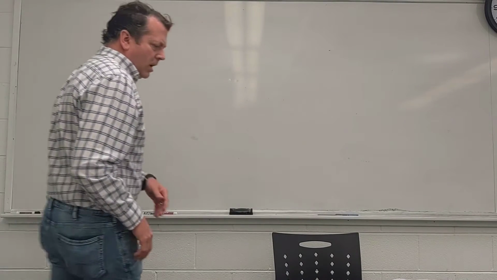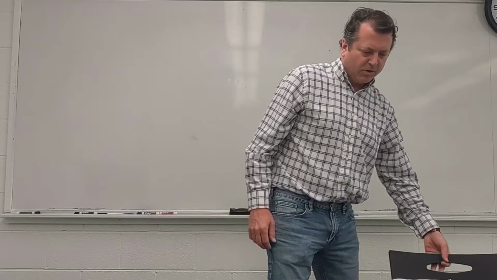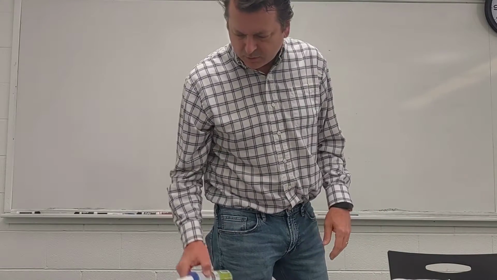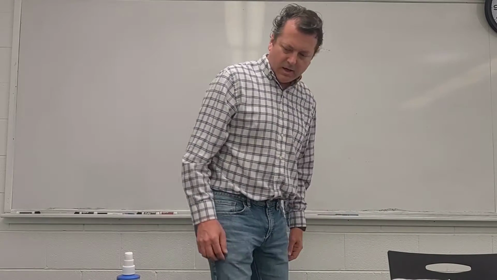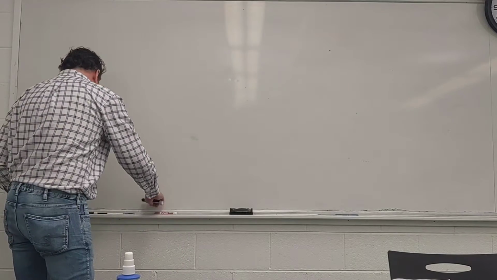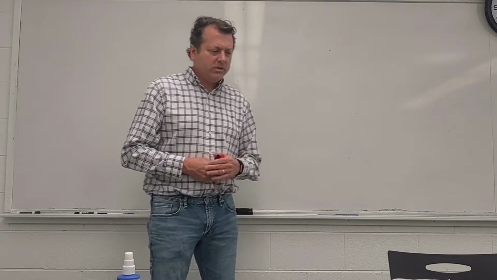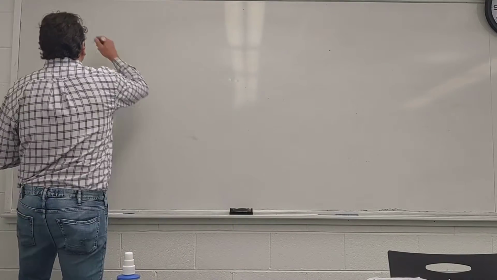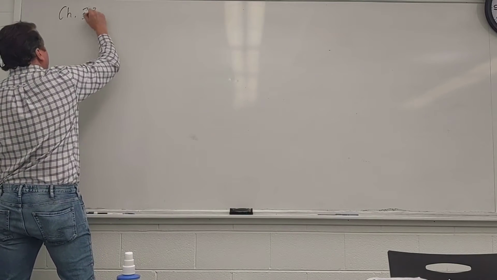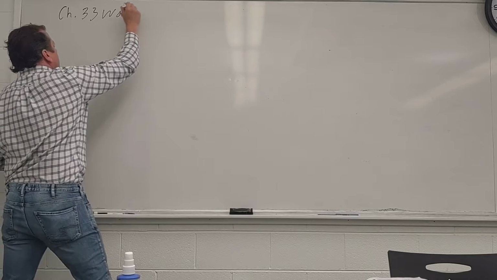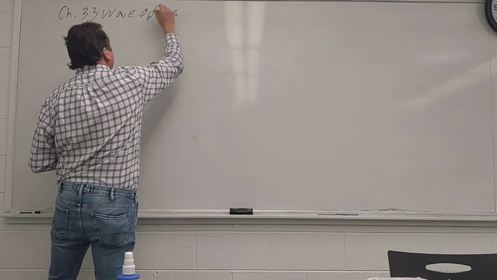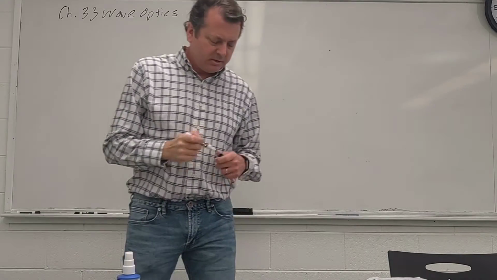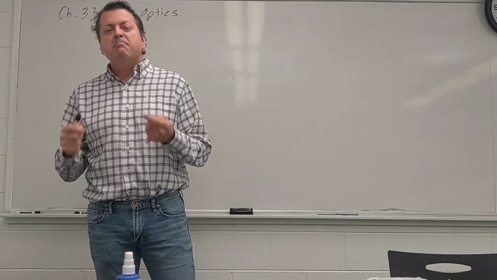We'll start out today on optics in chapter 33 on models of light. This is wave optics, a pretty short section here. Chapter 33, wave optics. And with wave optics, that's a model of light.